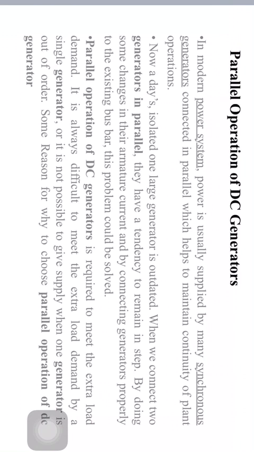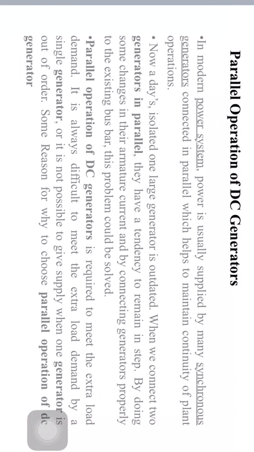In order to avoid disturbances to the continuity of power operations, we generally operate the synchronous generators connected in parallel. Nowadays, one isolated large generator is outdated.